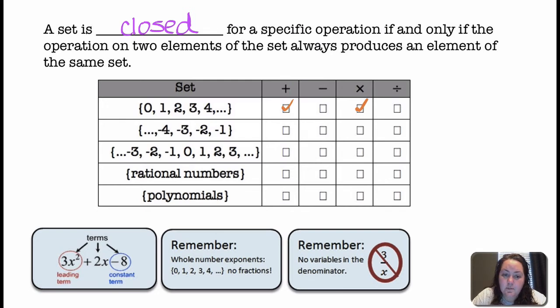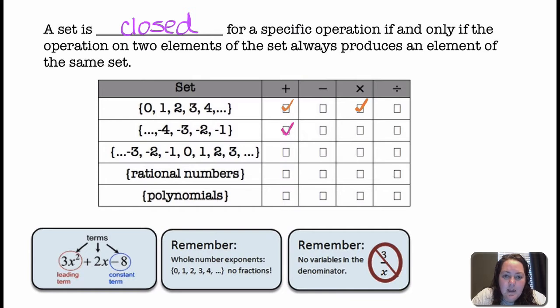Now this next one is negative integers. So just the negatives, not positives, not 0. If I do a negative plus a negative, I'm going to get a negative number. So it is closed under addition. If I subtract, let's say I do -2 minus -3, well, the minus and negative turns into plus, and that would turn into a +1, so it is not closed under subtraction.